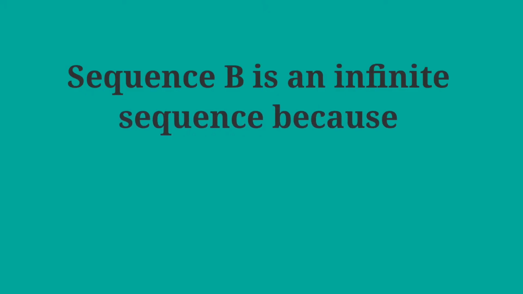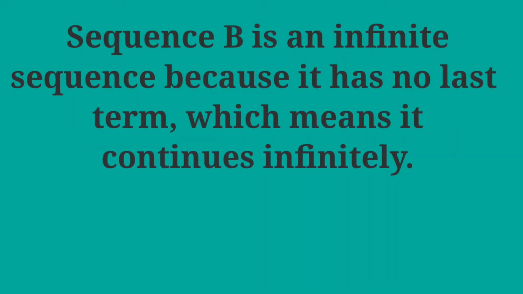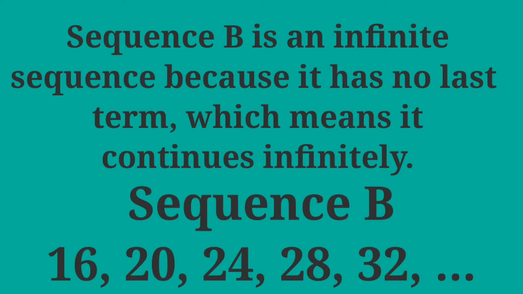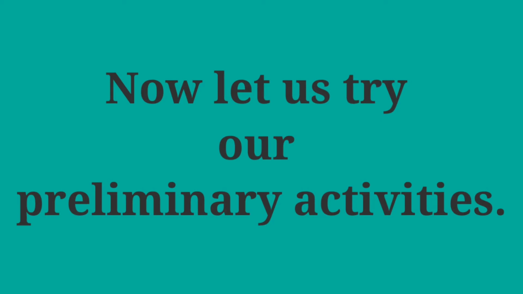While sequence B is an infinite sequence because it has no last term, which means it continues infinitely. Sequence B has 16, 20, 24, 28, 32, ... or infinite. Now let us try our preliminary activities.